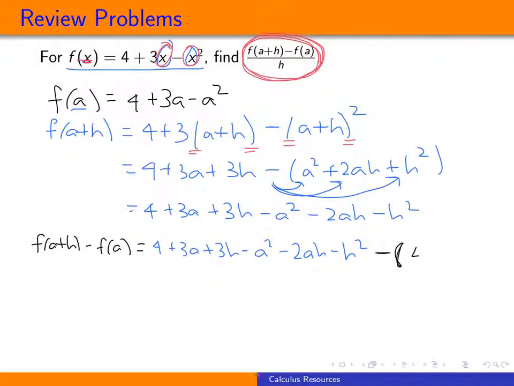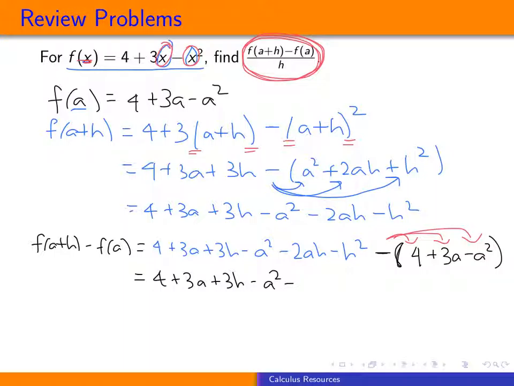So inside my parentheses, we'll go 4 plus 3a minus a squared. Now we'll go ahead and distribute that minus sign to all of my f of a to get that f of a plus h minus f of a is equal to 4 plus 3a plus 3h minus a squared minus 2ah minus h squared minus 4 minus 3a plus a squared.